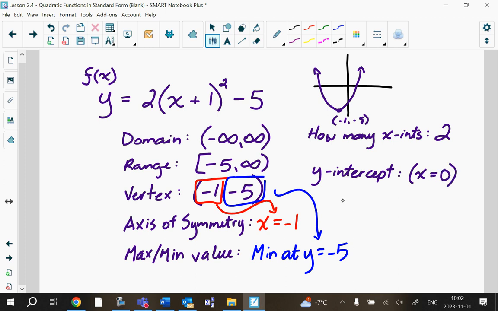So in the original equation, y equals 2 times (0 plus 1) all squared, minus 5. This works out to: 0 plus 1 is 1, 1 squared is still 1, times 2 is 2, minus 5, it's actually -3, not -4. But you can see how to do this.